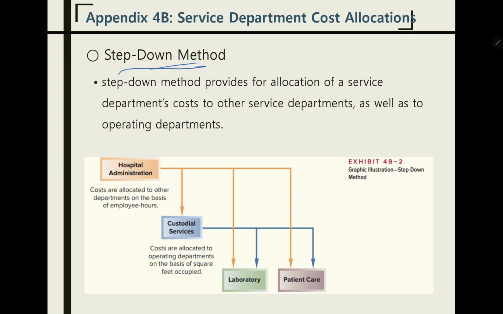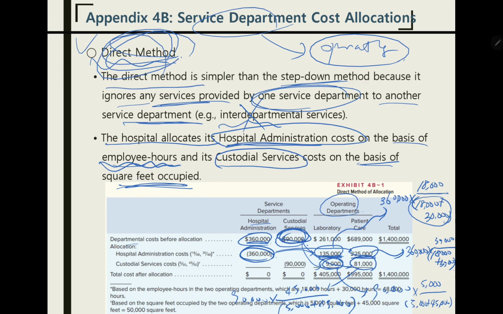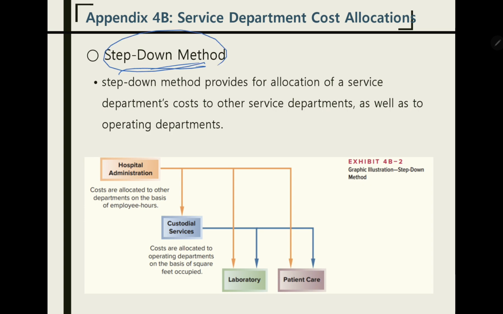So this is how we do the direct method when we allocate the cost of service department to the operating department. Step down method is the step-by-step. Okay, step down method provides for allocation of a service department cost to other service department as well as to operating department.